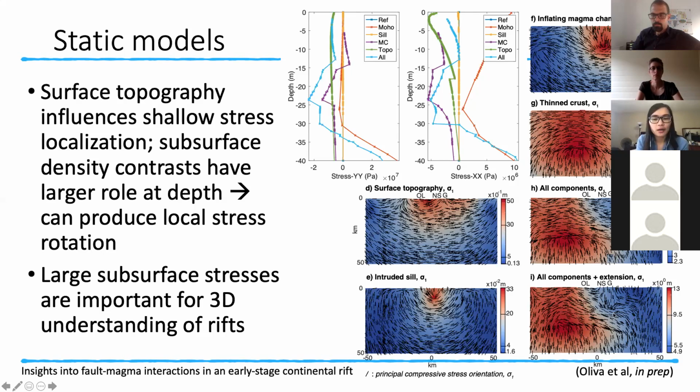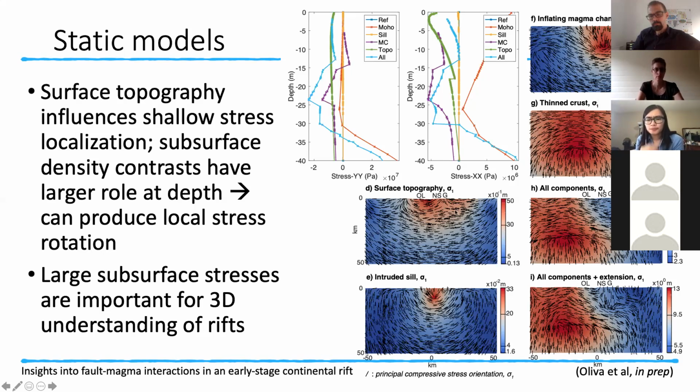And we note how the Moho effect here is very large at depth, but there is still a significant effect here and the shallow bits from the surface topography and the shallower magmatic stresses.